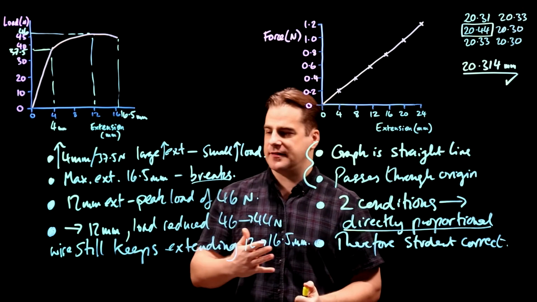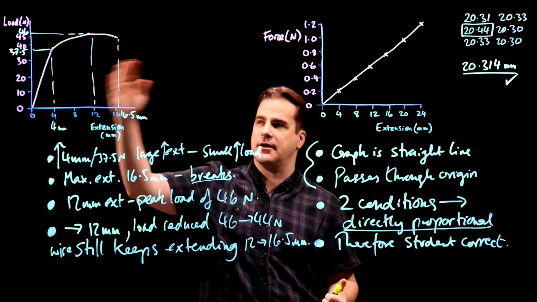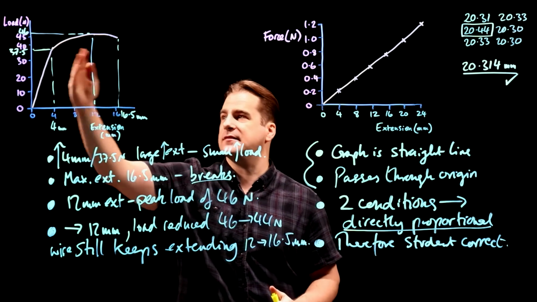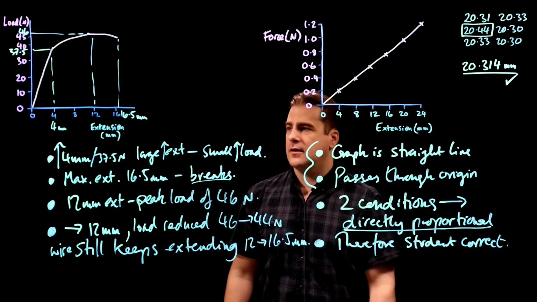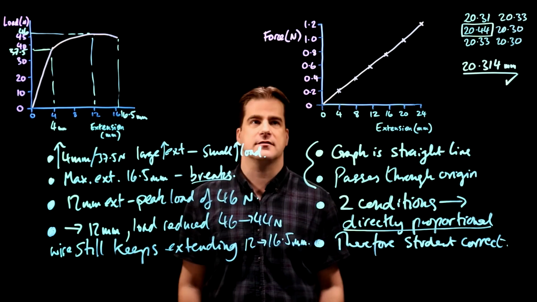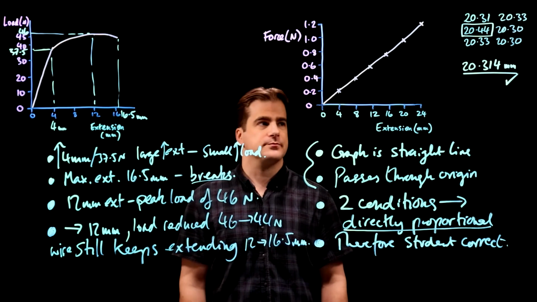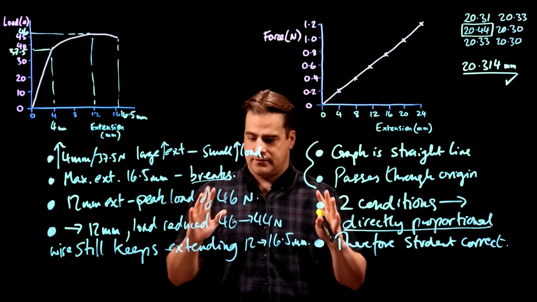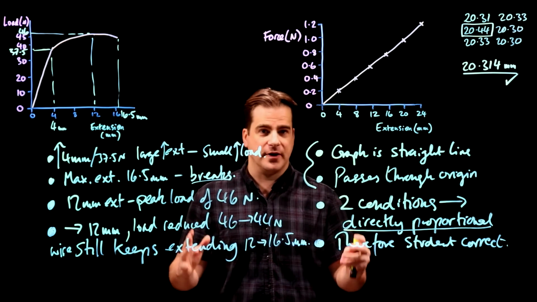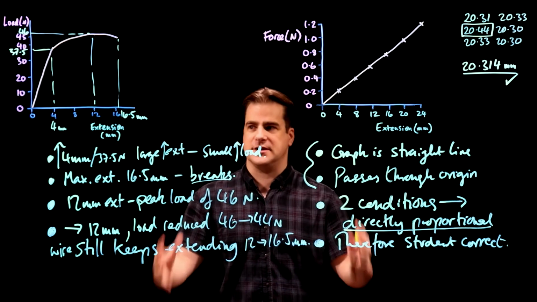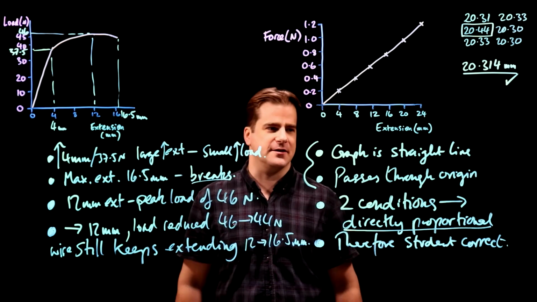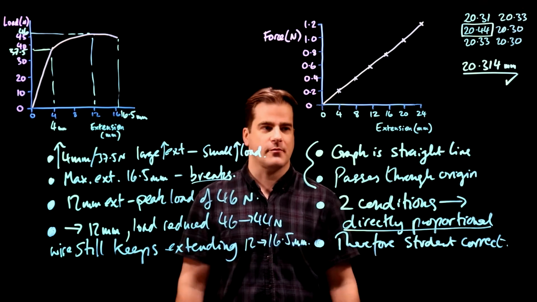And describing things in a sensible, physicsy way rather than, it goes up and then down again. And answering the question, describe the non-linear bit, so don't describe the linear bit. Okay? And try and say 4 things if they're asking for 3 marks. Things like that. Okay. That's it. Good luck. I hope you will get questions like this in the exam, and I hope you just get through them, use exam technique and get the marks and move on. Okay.